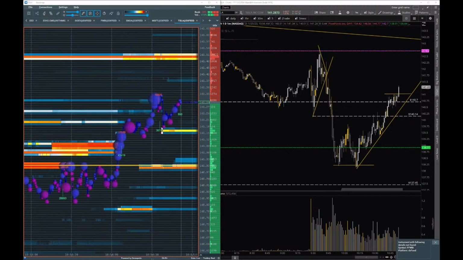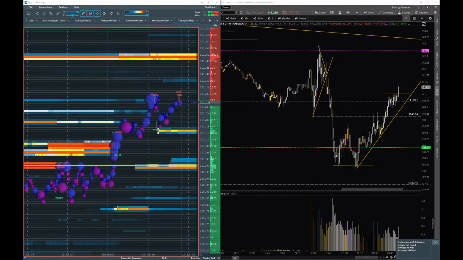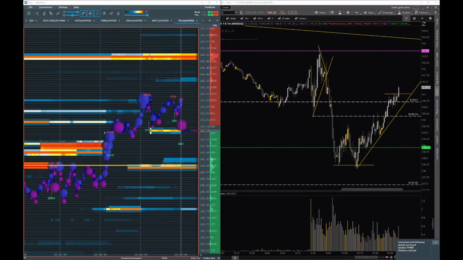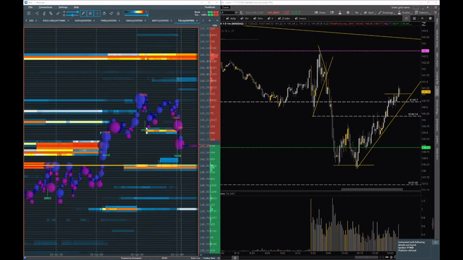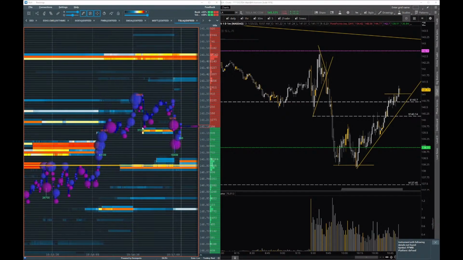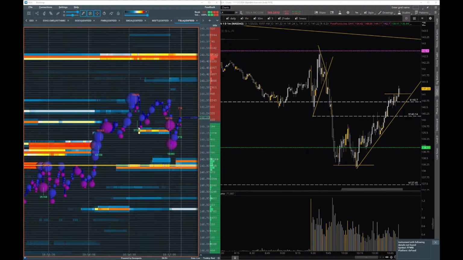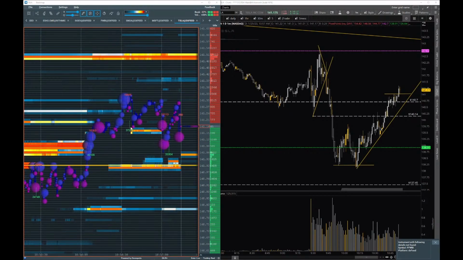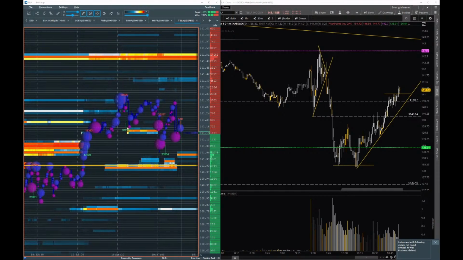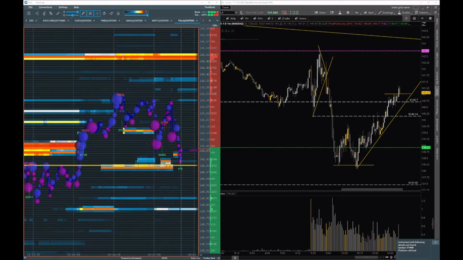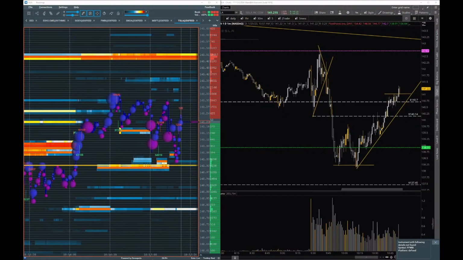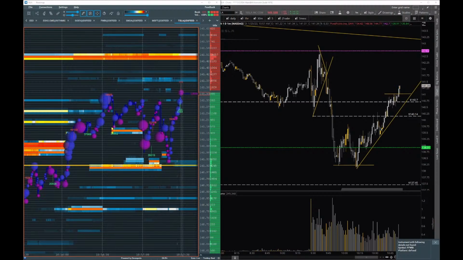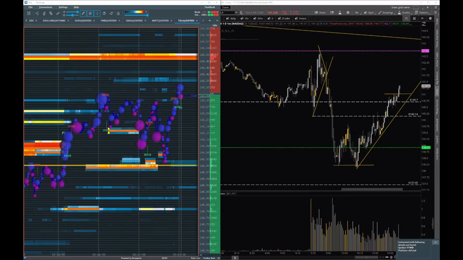So I'm waiting for that play. Bouncing from 141, so big support.